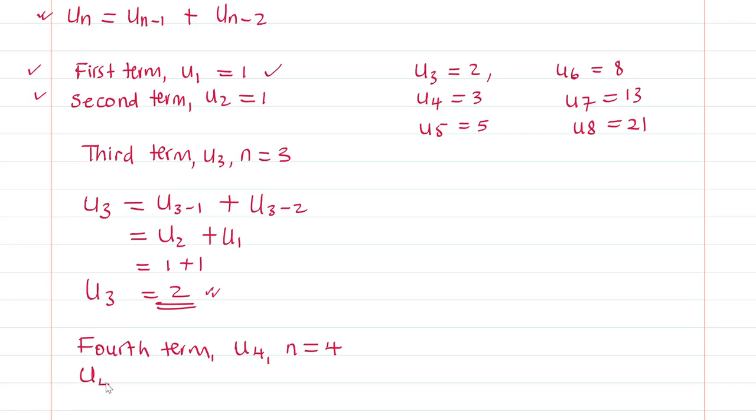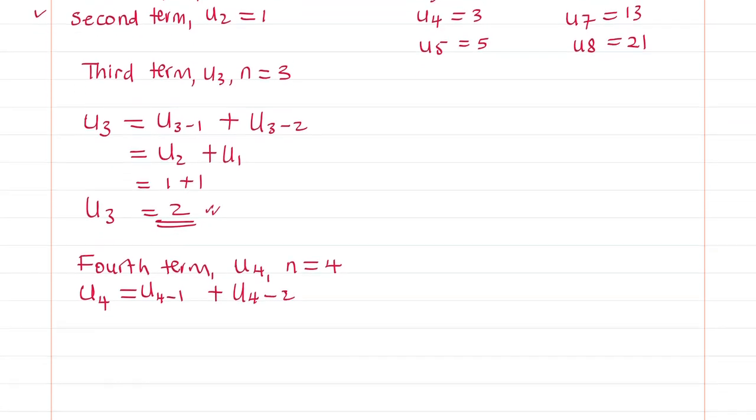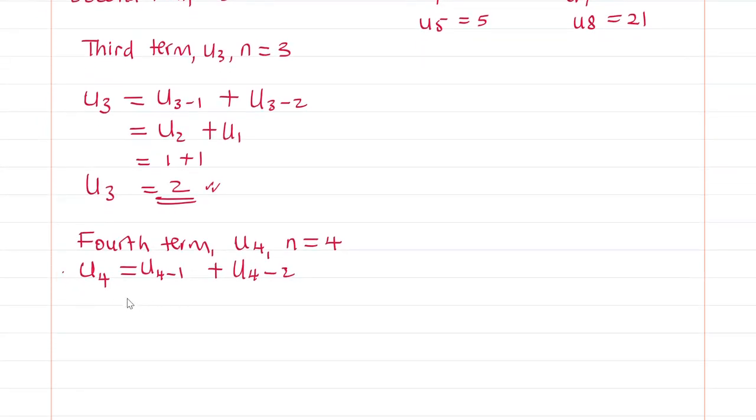Therefore, our u4, where there is n here, put 4, equals u_(4-1) plus u_(4-2). And then we simplify, right? u_(4-1) is u3, plus u_(4-2) is u2.